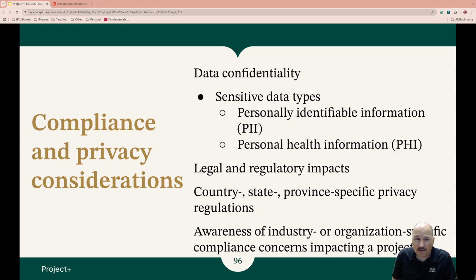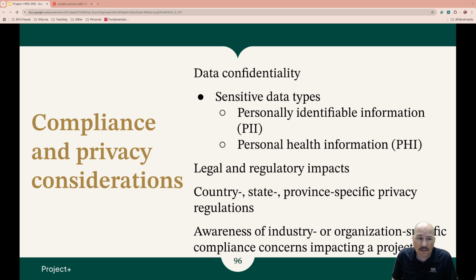By the way, with the Global Data Protection regulations, is it regulation or rights? Anyway, there are U.S. specific ones. So California has the California Customer Privacy Act. And then other locations have similar ones.